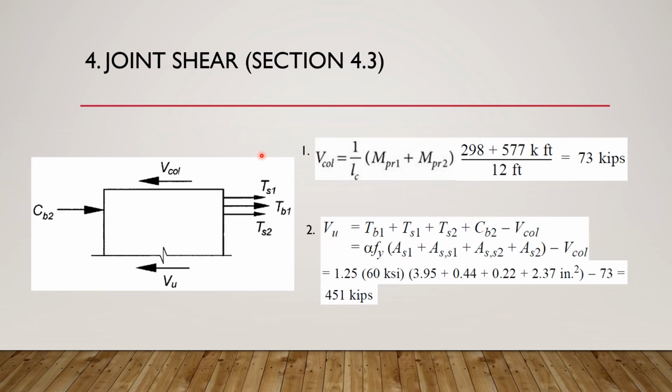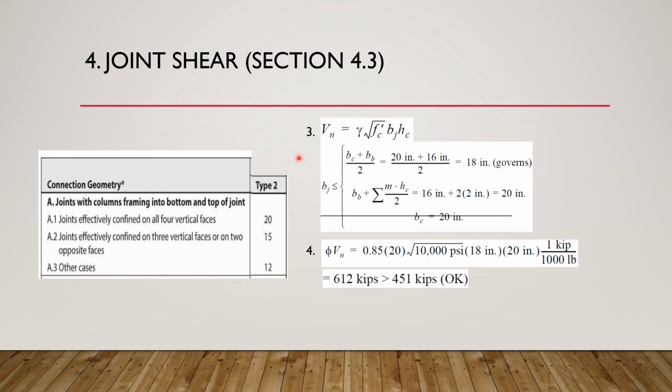Then the shear forces in the joint are in this diagram, where we can see the shear from the column, the shear from the steel, in compression and in tension, and the shear V sub U. First we find the shear in the column with this expression, and then we find the VU, which is the summation of forces, and we also use the post fluency 125.